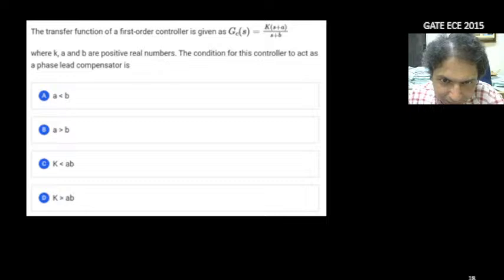So I will be discussing few problems on this another topic, state variable, but time is not there. Today I will not discuss state variable, but at least phase lead, phase lag, all those things I will be discussing. So can you solve this problem?